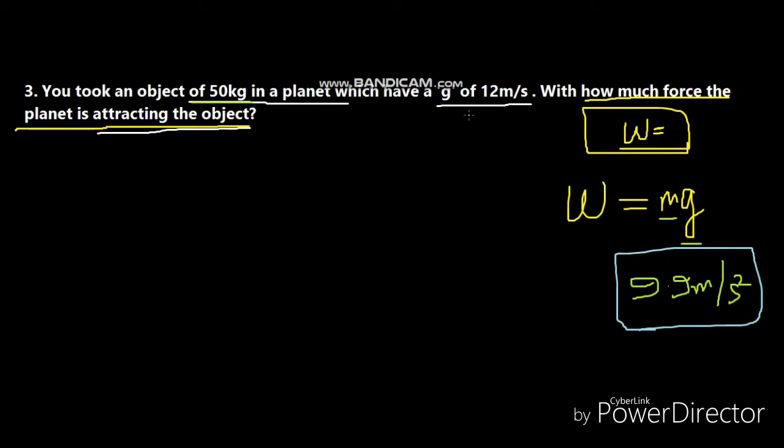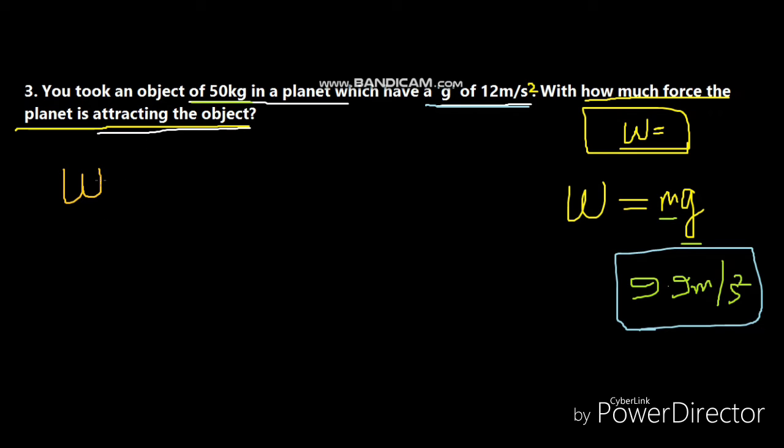In that case, we need the g of that planet, and we are given that, which is 12 meter per second squared. So now for that planet, which is not the Earth, we use this formula to find the weight.